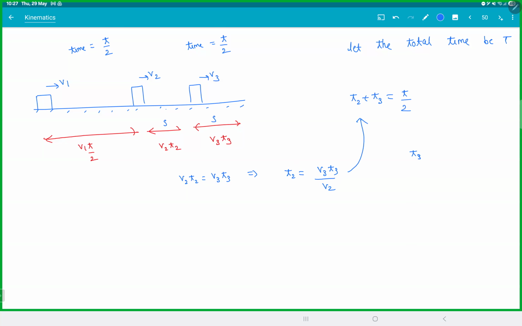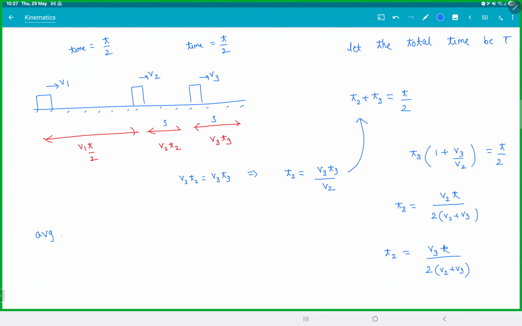You end up with T3 common times 1 plus V3 by V2 is T by 2. You get T3 will be V2 T by 2 times V2 plus V3. Similarly, you'll get T2 is also V3 T by 2 times V2 plus V3. I am trying to get everything in terms of time T.